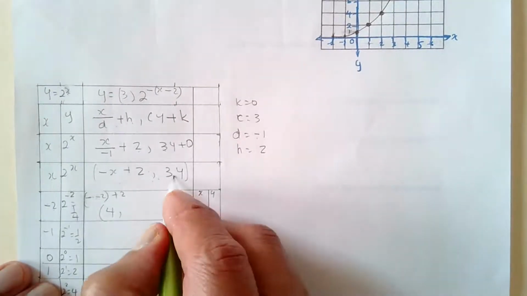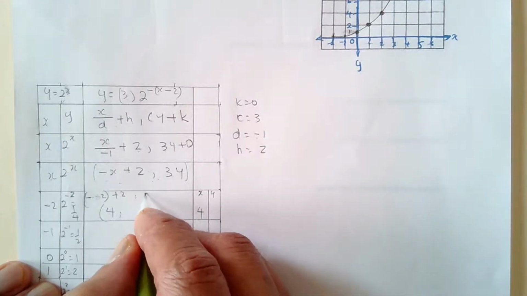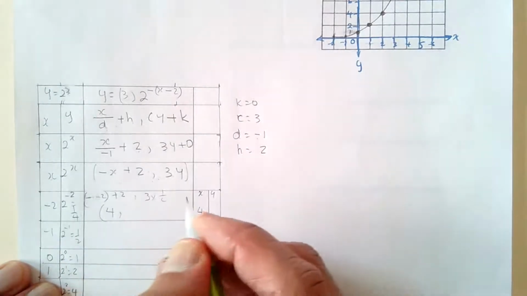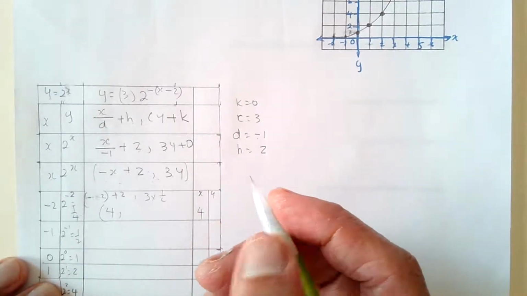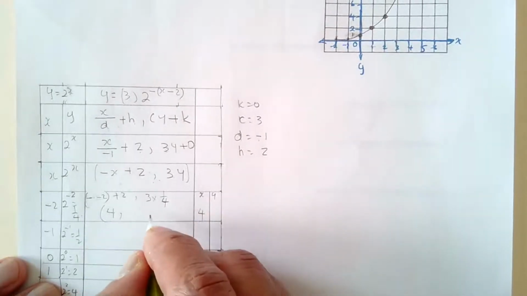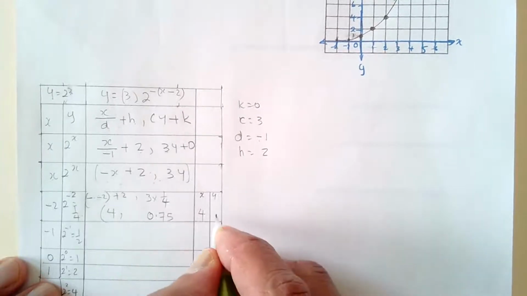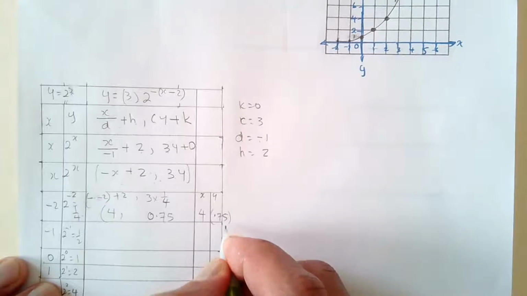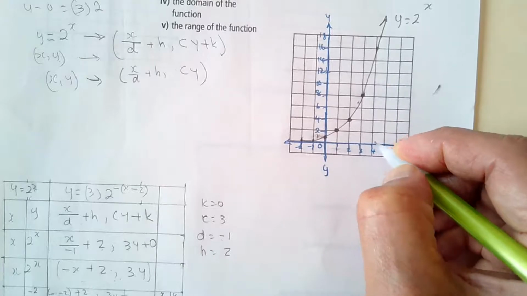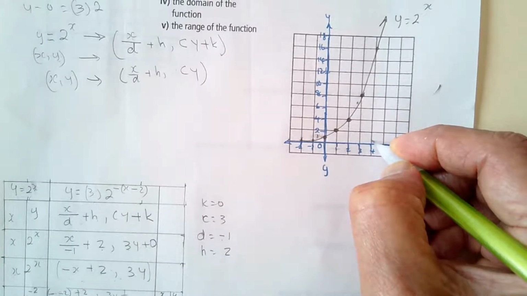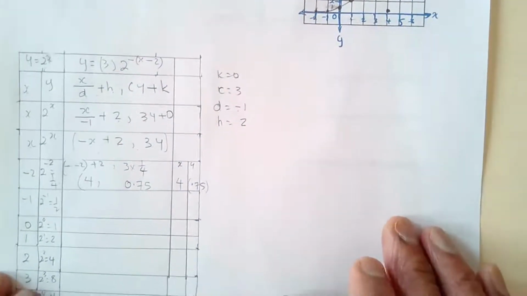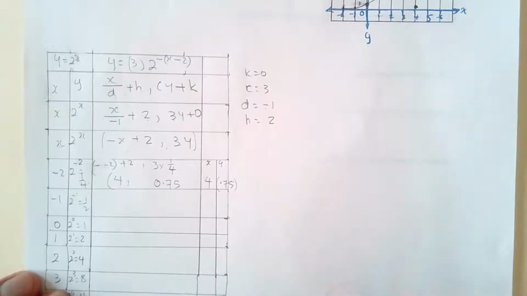And then we have 3y, which is 3 times a quarter, and that would give us 0.75. So x is 4, and y is 0.75 will be right here. Approximately, I should say, I'm approximating it.